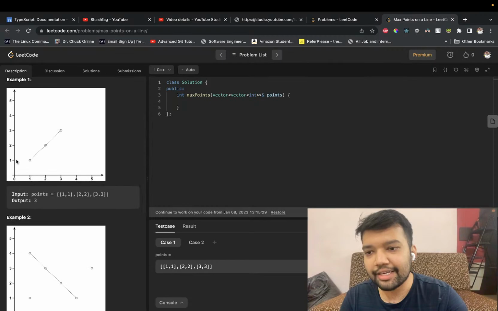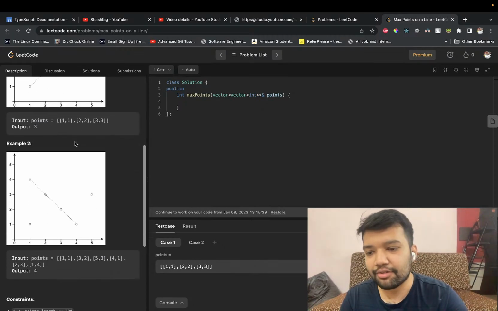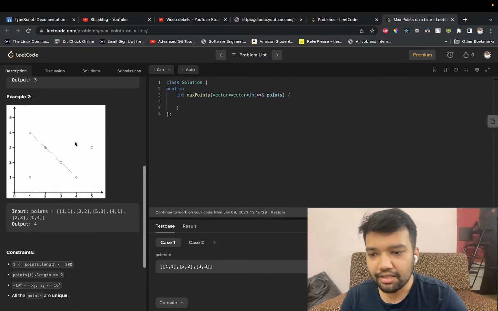Like the ratio: one by one is one, two by two is one, three by three is one, and if it was a case of this line, then that would be the same thing like any other line.